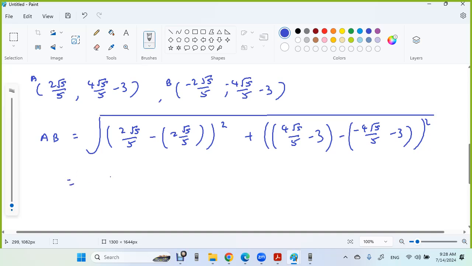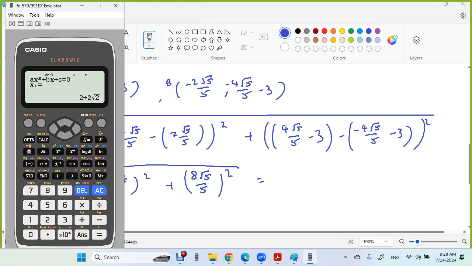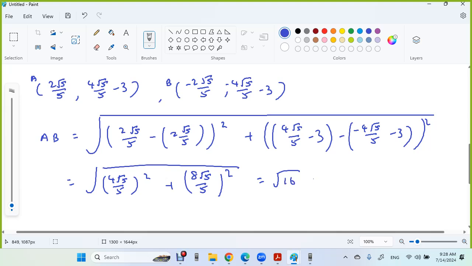Then it will be 4 square root 5 over 5 squared, and this one minus this one, then it's 8 square root 5 over 5 squared. Then it will be 16 plus 4 squared plus 8 squared, so 80 divided by 5, 16, so square root 16, then it is 4. So the value of AB is 4.